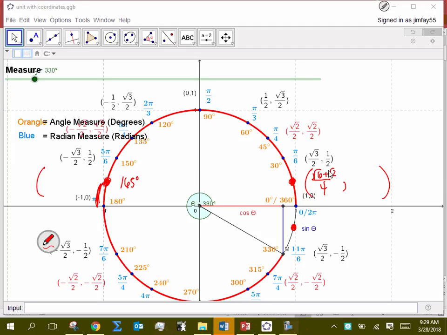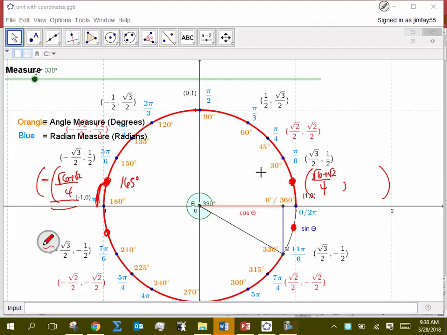Is 345 going to have the same cosine value? Okay, now this one would have been negative, I guess, right? So I should say negative radical 6 plus radical 2 over 4. And a lot of times you actually see that negative being distributed through, so it's negative radical 6 minus radical 2 over 4. But it is still in relationship to that one. Is this one going to be the same x value as that one?